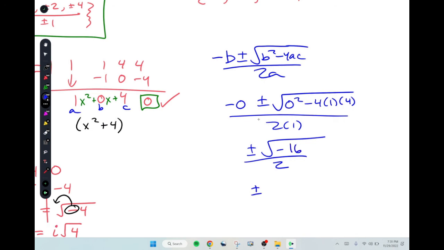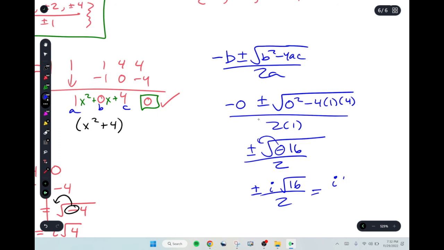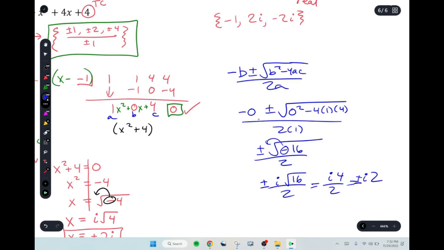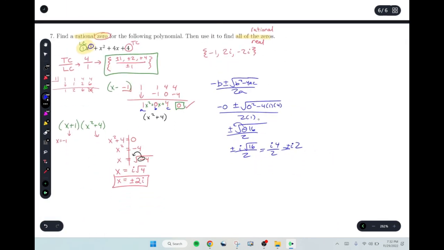You take the negative out, so i root 16 over 2, i 4 over 2, i 2. Plus or minus, there it is. So the quadratic formula spit out the same thing that the synthetic division did. It just took an extra step to do it.